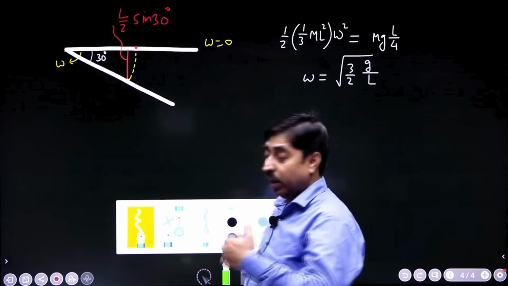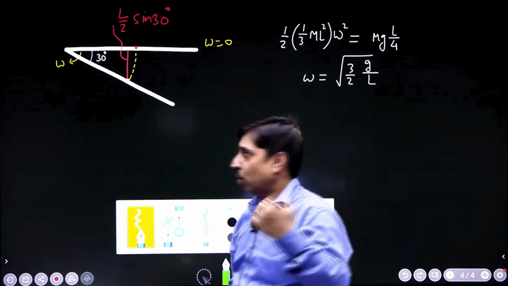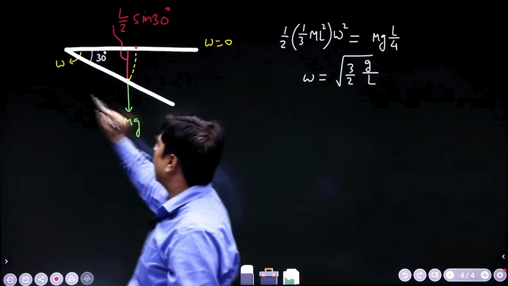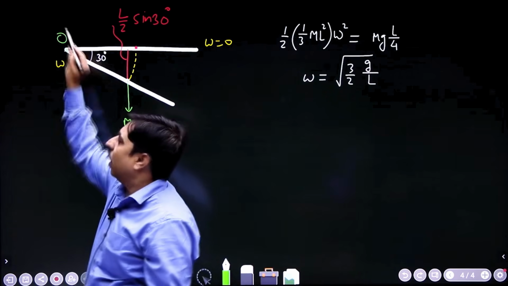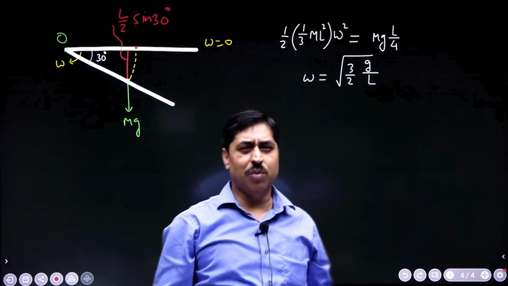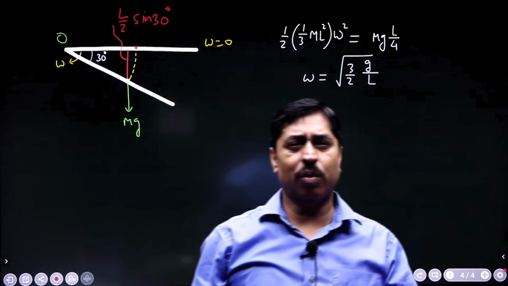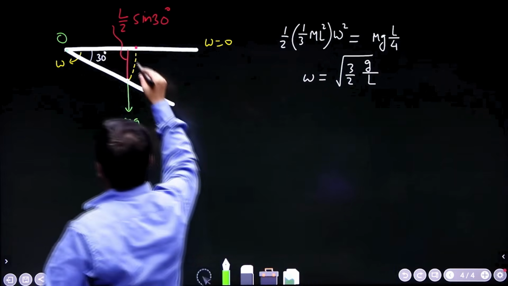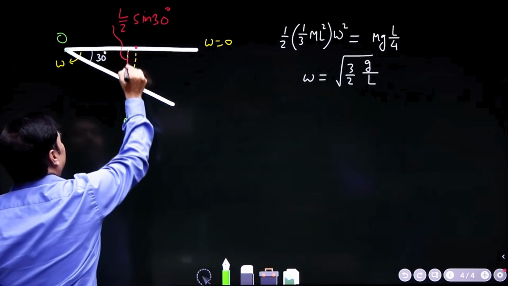For that, I need to understand how much torque is acting on the rod. So this is the mg force. Again, about this particular point, I need not worry about the hinge force actually. Hinge force will produce no torque about point O. So what is the torque of mg? Very simple. This is the line on which mg force is acting.